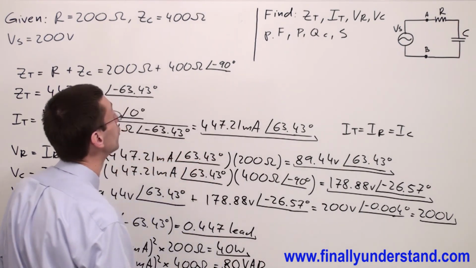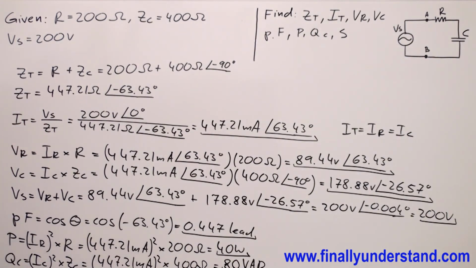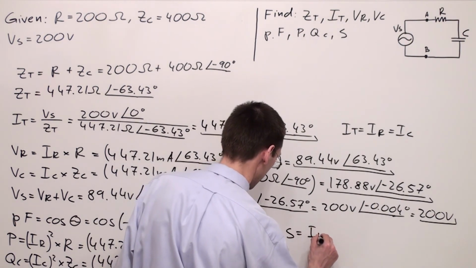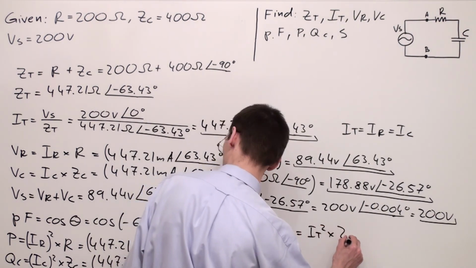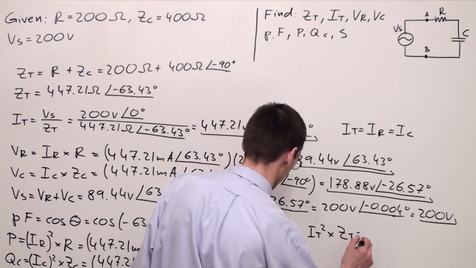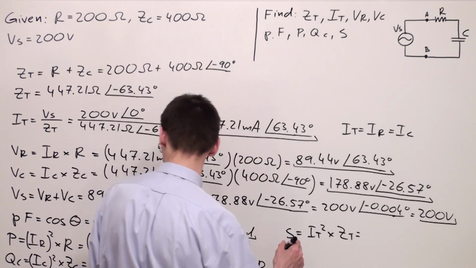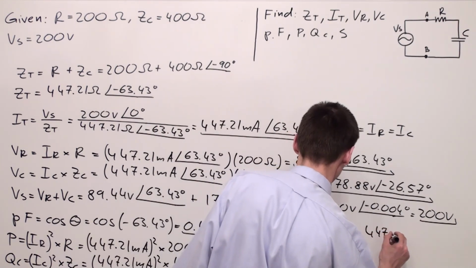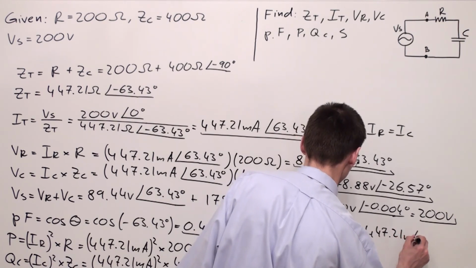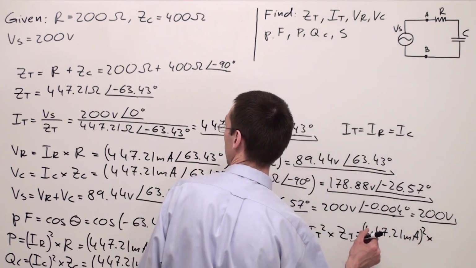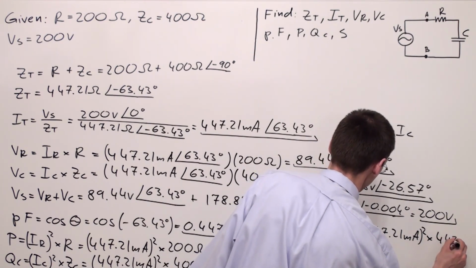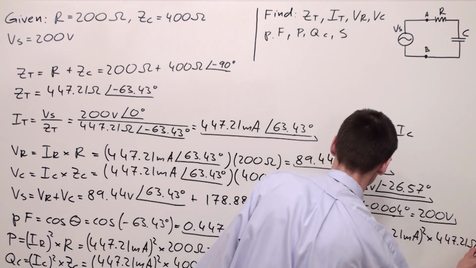Next, we're supposed to find the apparent power. S is equal to I total square times Z total, where I total is equal to 447.21 milliamps square times Z total, which is equal to 447.21 ohms.